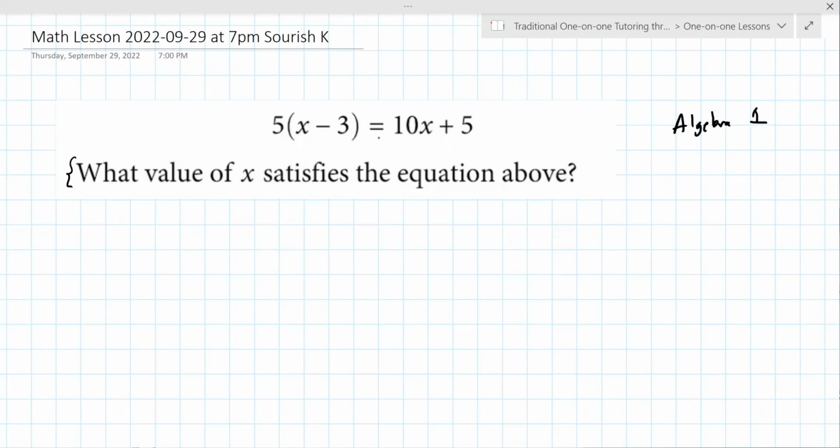So what I'd like you to start by doing is writing the equation down. Okay, let me get my notebook out. Is this like algebra 1? Yes, it's an algebra 1 question.